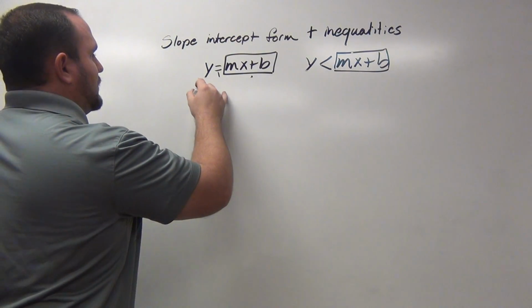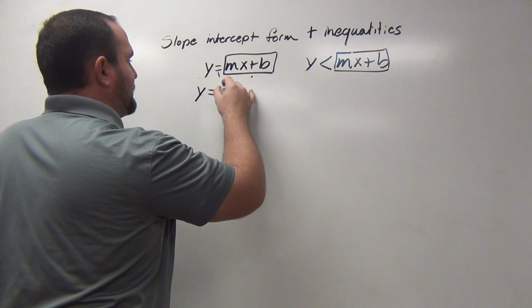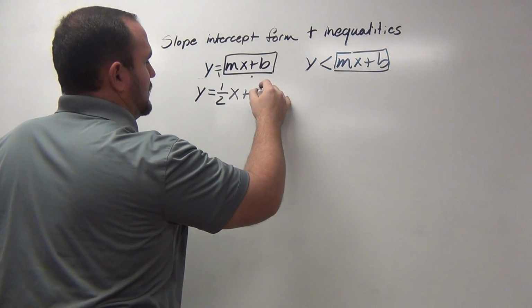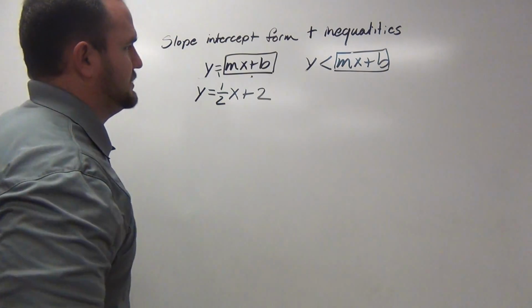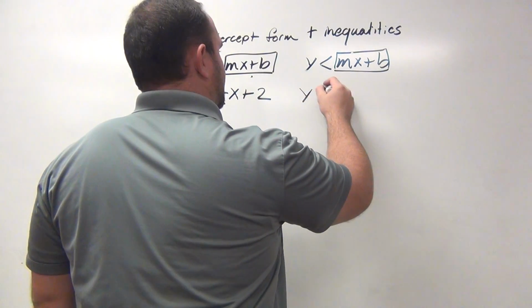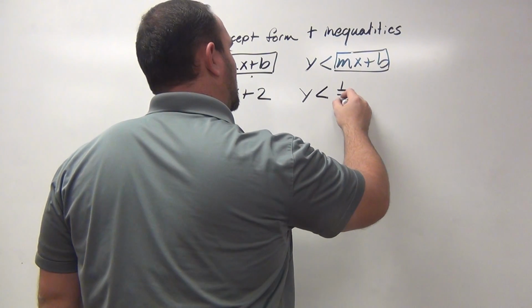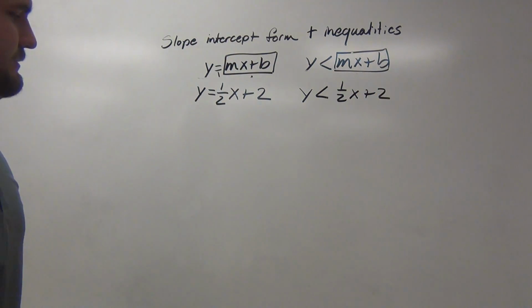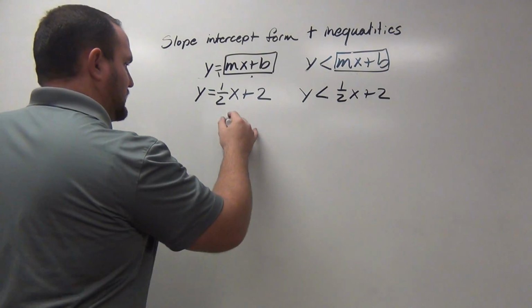Y equals 1/2 x plus 2. Pretty simple one there. And then I'm going to write the same thing here, to give you an idea of what you're looking at. So let's go ahead and graph this.